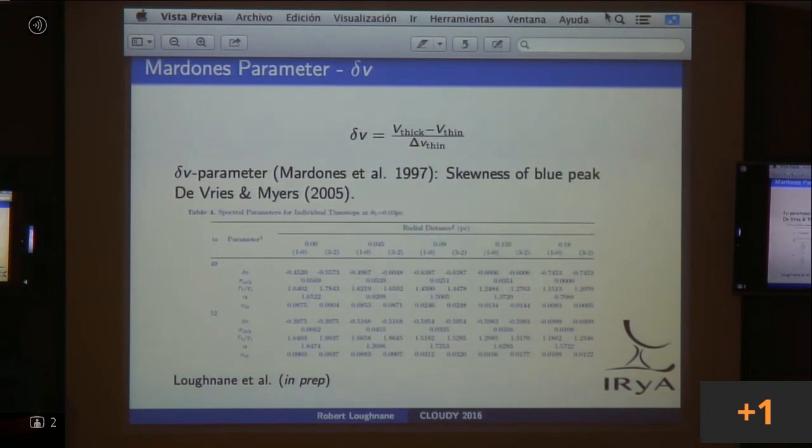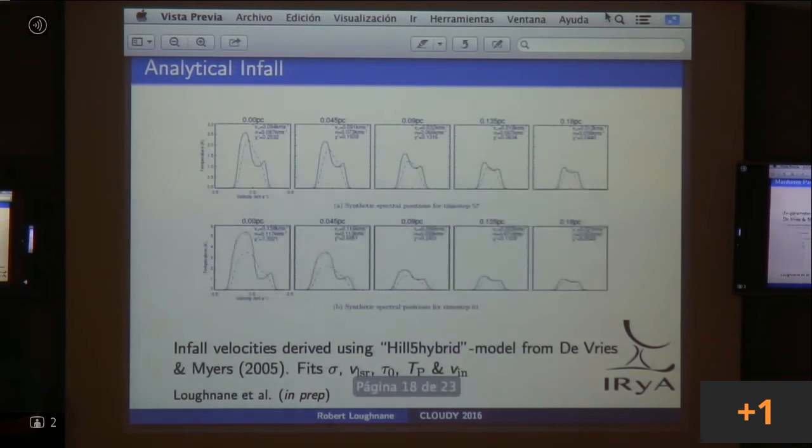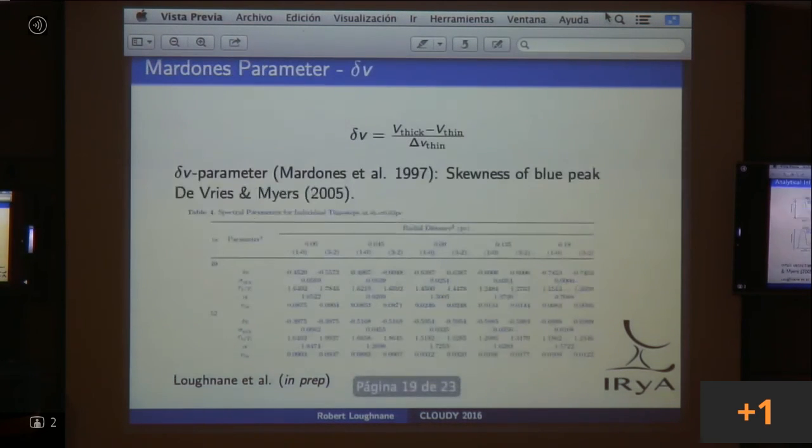We also looked at the Mardones parameter from Diego Mardones' paper in 1997. This calculates the skewness of the blue peak, basically how shifted this peak is from the optically thin peak. The values are provisional; they need more work, but they're within reason.